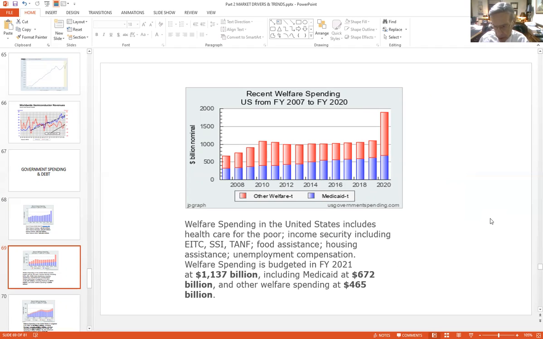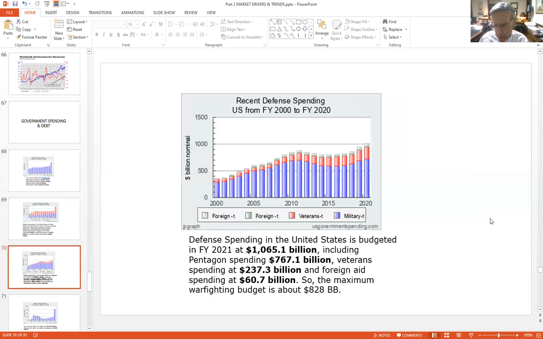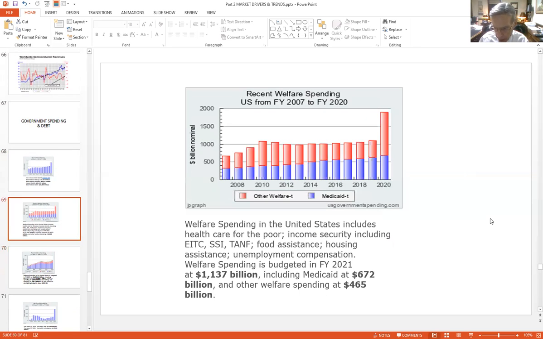All total, we're looking at just about $2 trillion. And you may notice down at the bottom that in fiscal 2021, it was anticipated that the spending for welfare would drop back down to 1.1, about where it was in 2019.